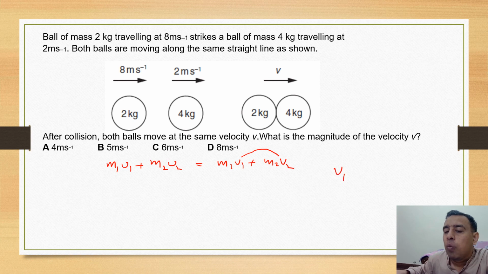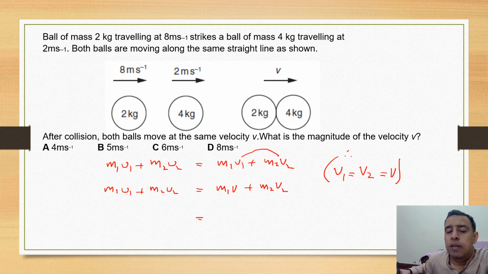After the collision, v1 and v2 are the same, so we may write it as v. And this is now m1 u1 plus m2 u2, and here we have m1 v plus m2 v, and this is just v.